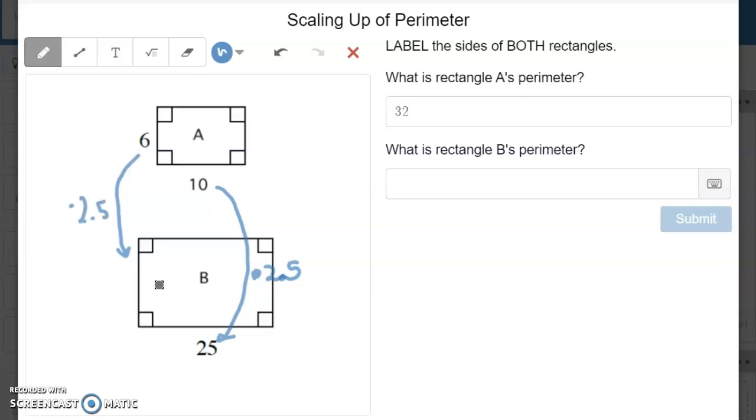So 6 times 2.5 is going to be 15. Since I know this is 15, 25, I know this length is going to be 15 also. This length is going to be 25. So that's going to be 40. Double that is going to be 80.